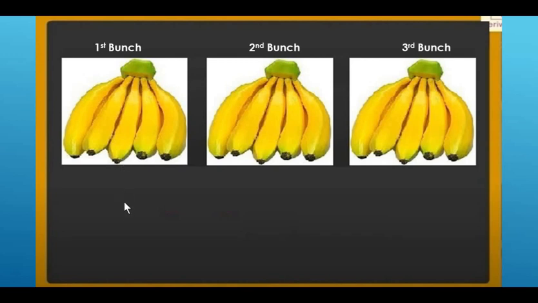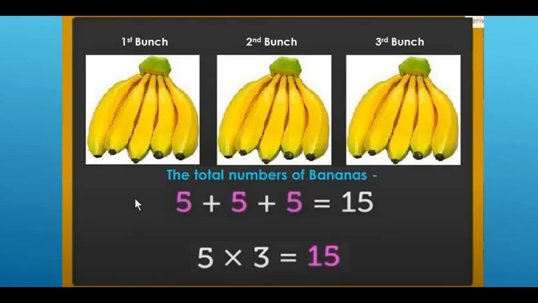If we want to find the total number of bananas, we add the number of bananas in all the 3 bunches. Let's add. 5 plus 5 plus 5 is equal to 15.